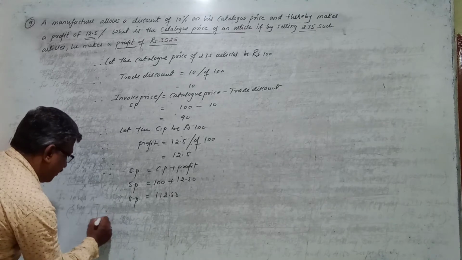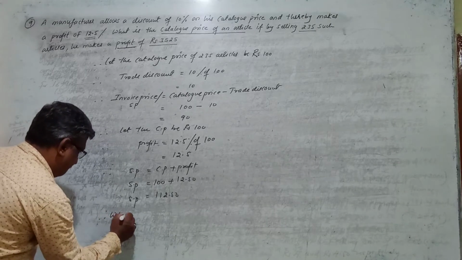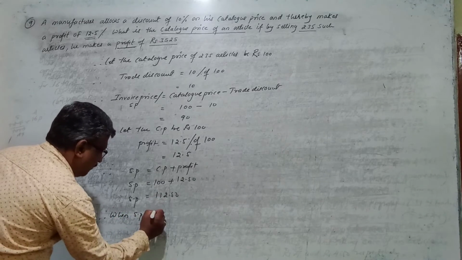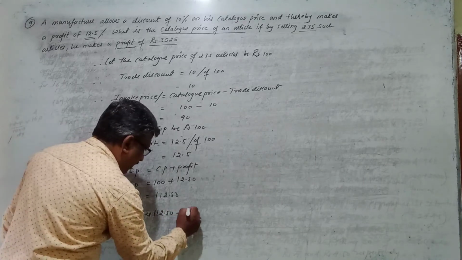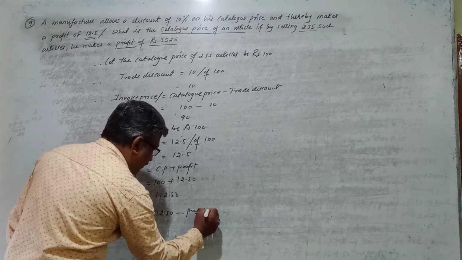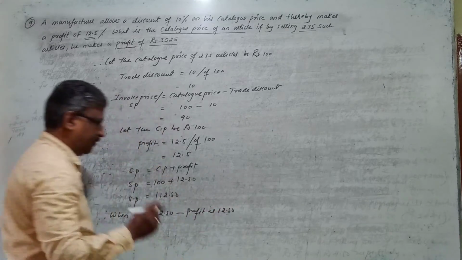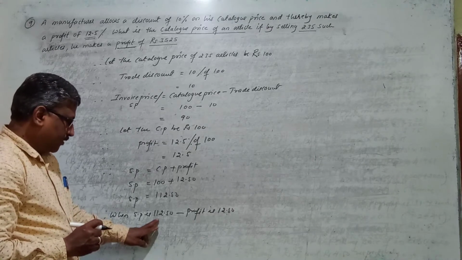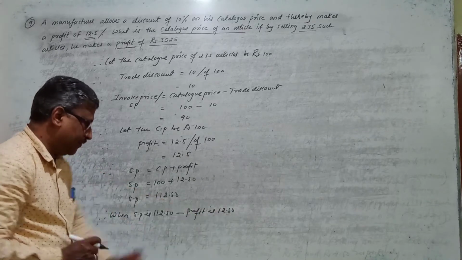So the equation is: when selling price is 112 rupees 50 paise, the profit is 12 rupees 50 paise. Right?